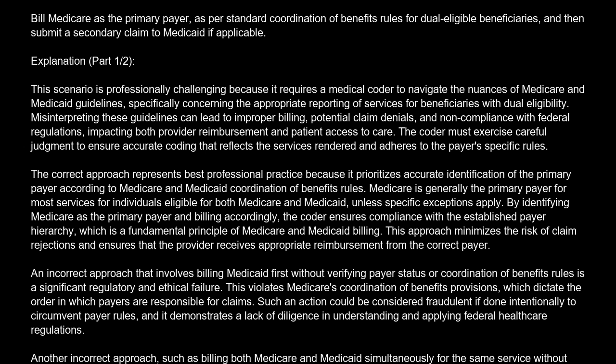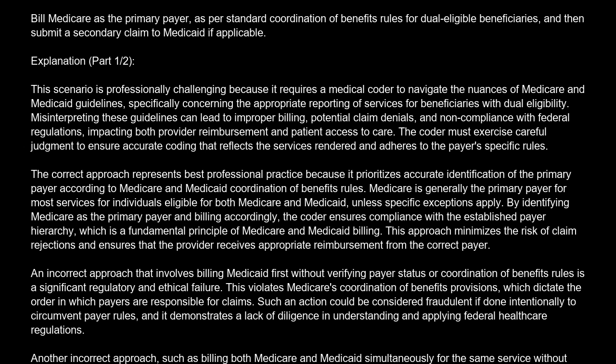Medicare is generally the primary payer for most services for individuals eligible for both Medicare and Medicaid, unless specific exceptions apply. By identifying Medicare as the primary payer and billing accordingly, the coder ensures compliance with the established payer hierarchy, which is a fundamental principle of Medicare and Medicaid billing. This approach minimizes the risk of claim rejections and ensures that the provider receives appropriate reimbursement from the correct payer.